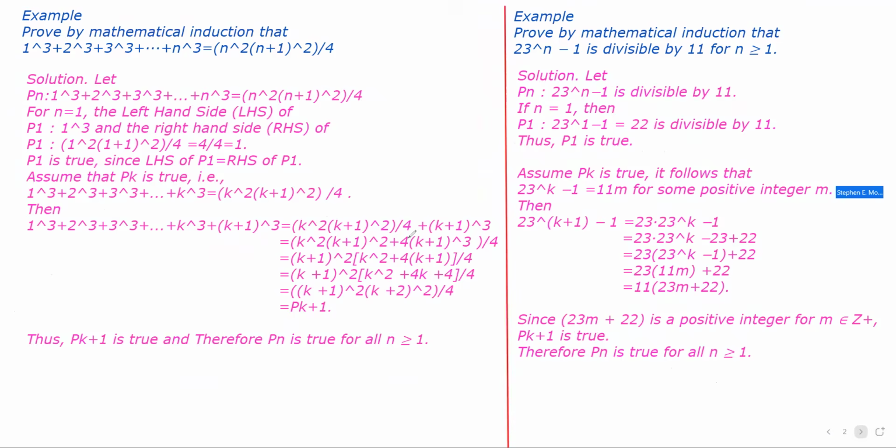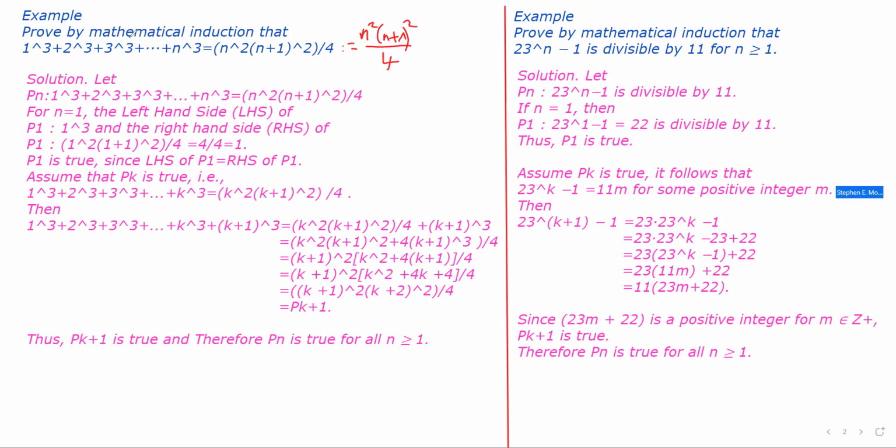So let's take another example. In the next example here, what we're going to do now is also to consider a mathematical proof of induction that the sum of the cubes of all the natural numbers is equal to n squared, n plus 1 squared, all over 4, right?